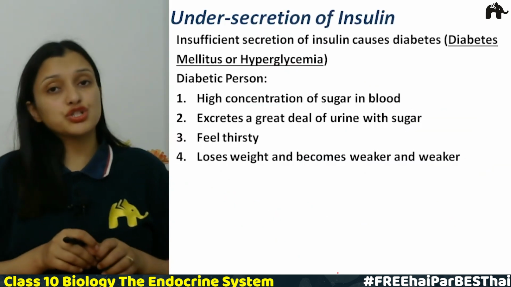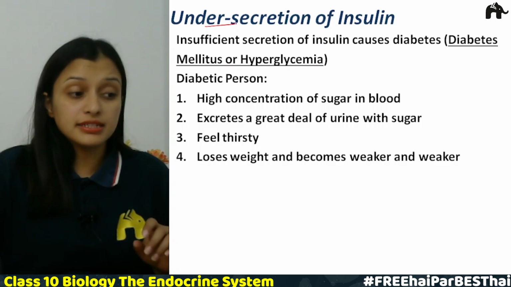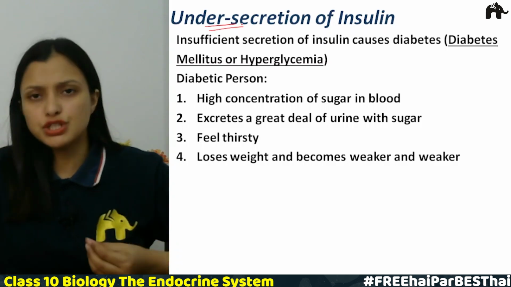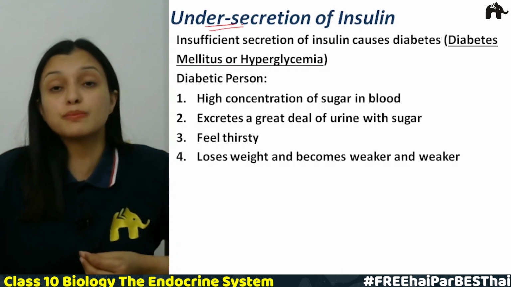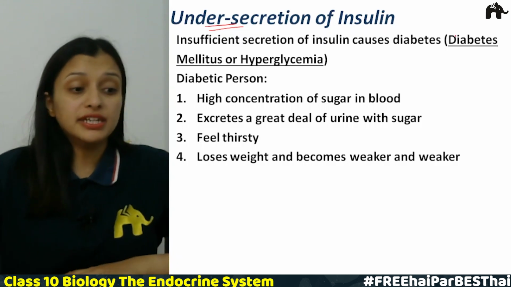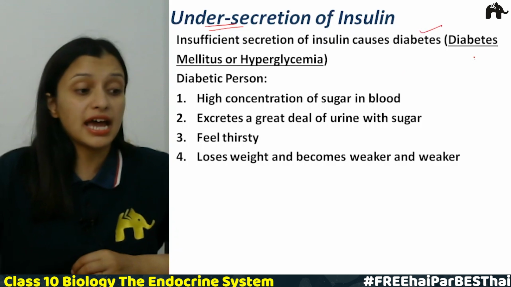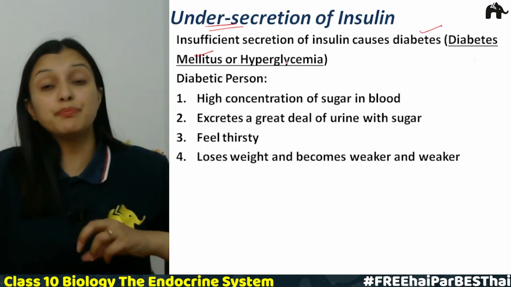Now the under-secretion of insulin. There is an insufficient amount of insulin produced by the beta cells of our pancreas, right? In this case, there is a situation called diabetes mellitus, which is hyperglycemia.